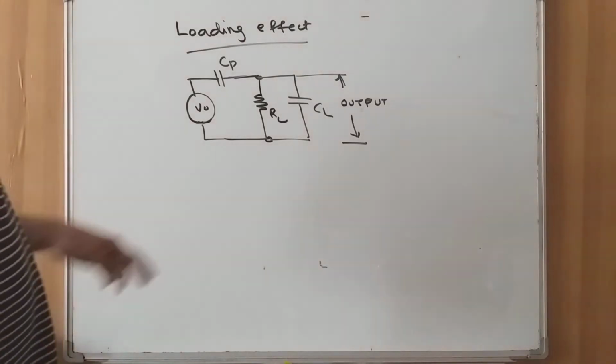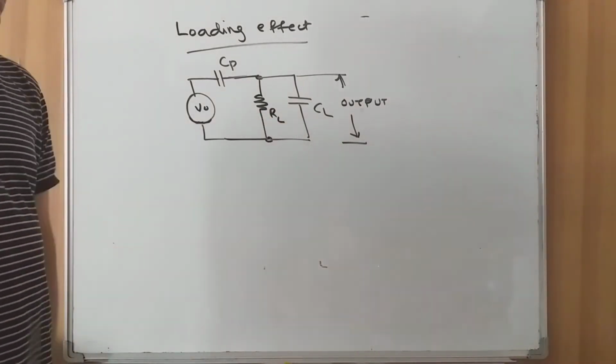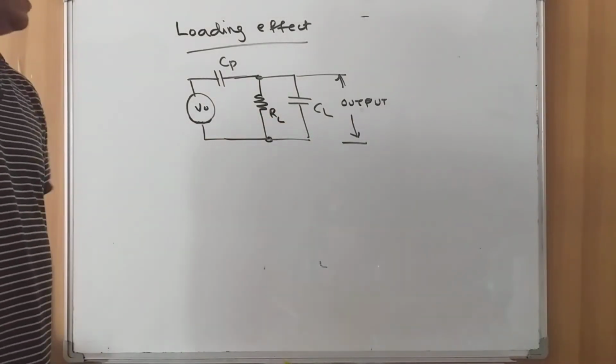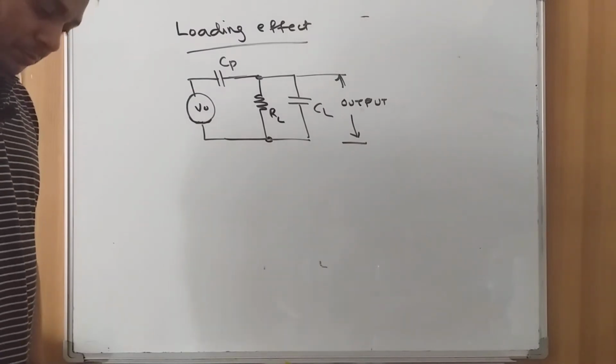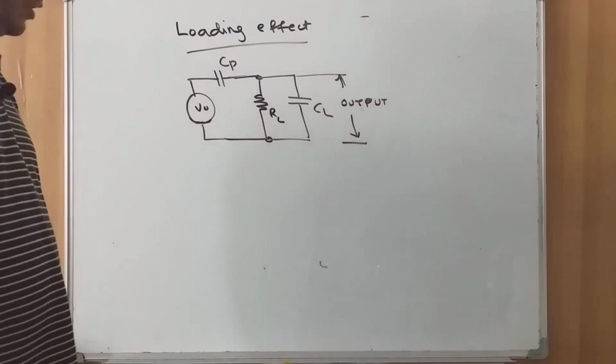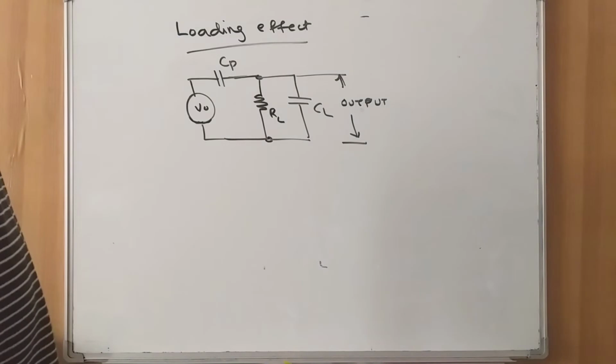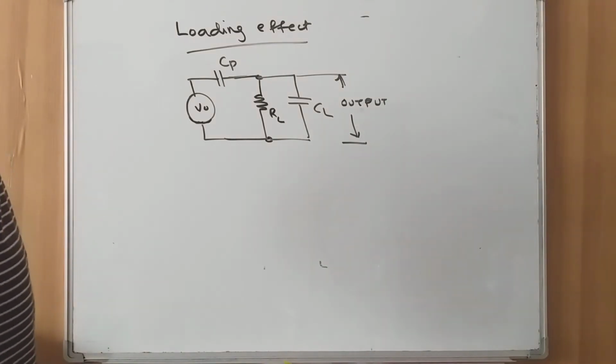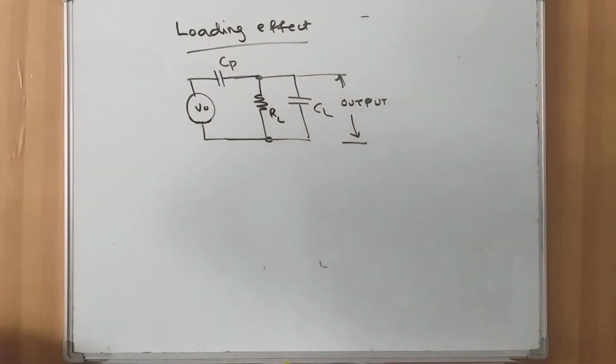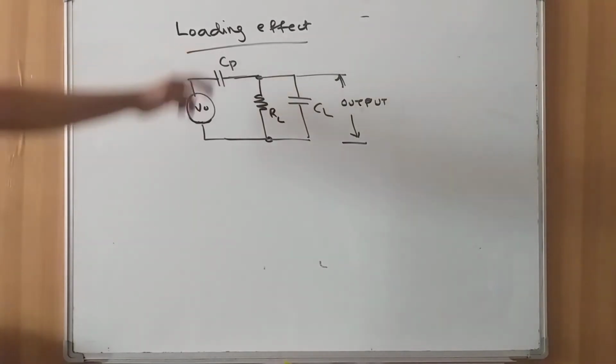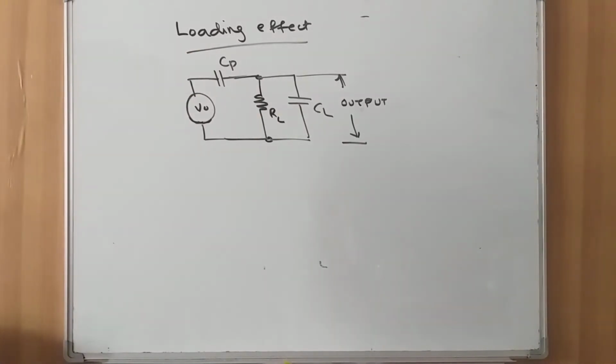Here, RL represents the load resistor, CL is the load capacitance combined with the stray and cable capacitance, and CP, as already discussed, is the parallel capacitance of the device. This is a simplified diagram considering the effect of the load resistor.